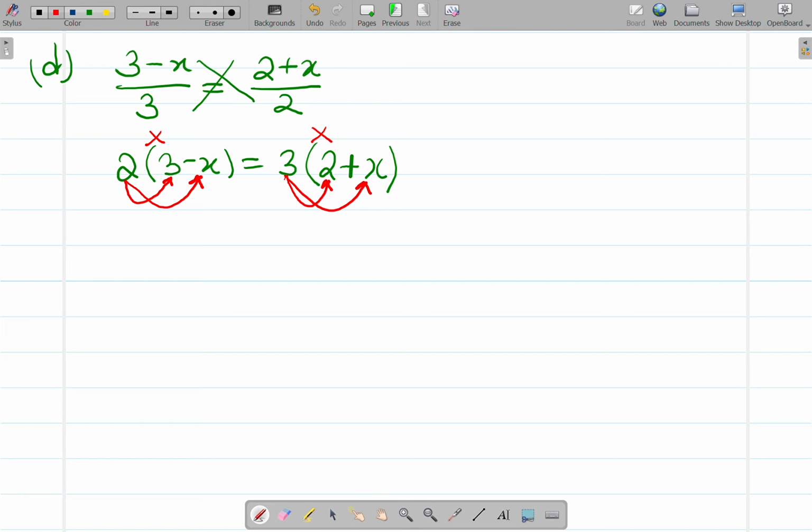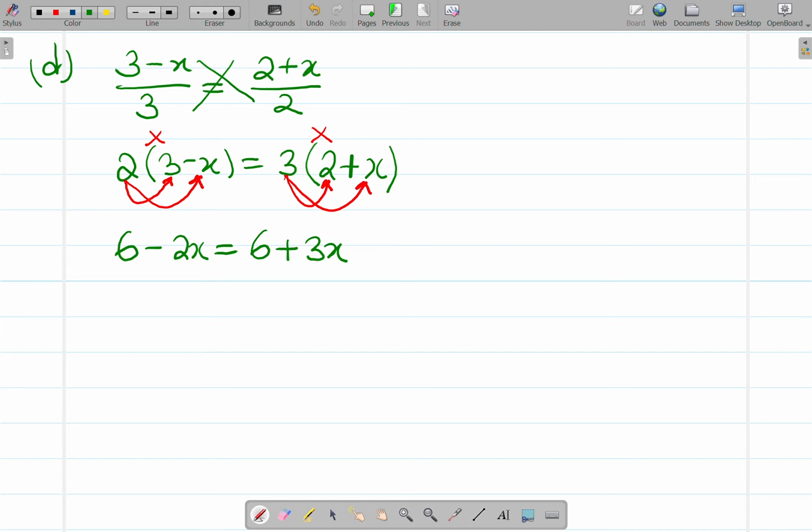So let's do an expansion of that. 2 by 3 we have now 6, minus, let's maintain the color here, so 6 minus 2x is equal to 3 by 2 is 6 plus 3x.